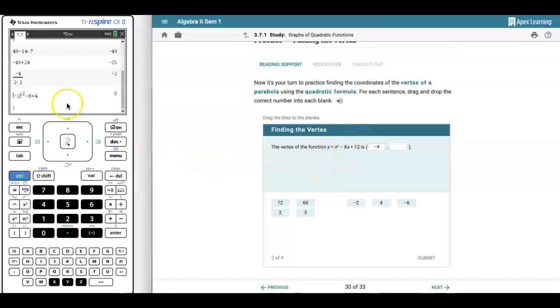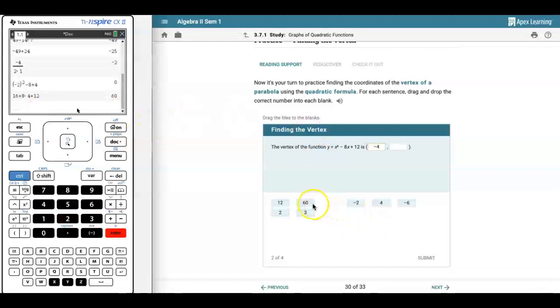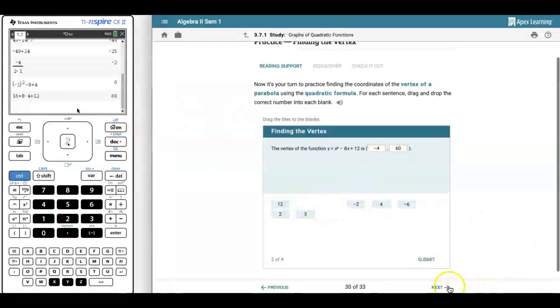So I would have 16 minus 8 times 4, and since I have a negative and a negative, that's going to be a positive. So I'll have plus 8 times 4 plus 12 equals 60. So I've got negative 4, 60.